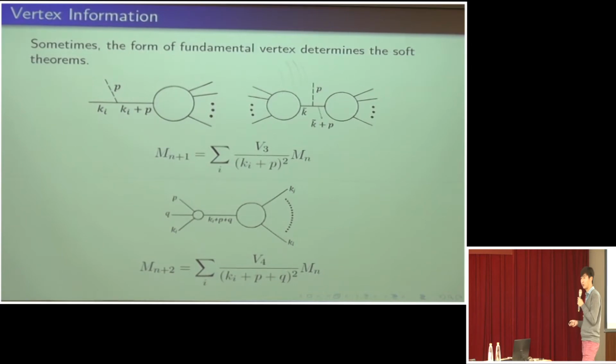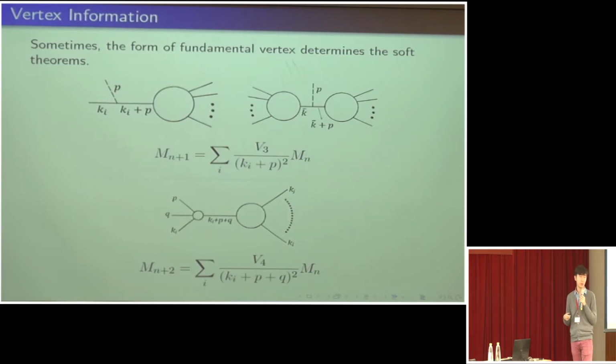Another case is the double soft case. I mentioned that the two kinds of double soft expansion will differ only by this diagram, and this difference will only concern this vertex, that is a 4-point vertex.